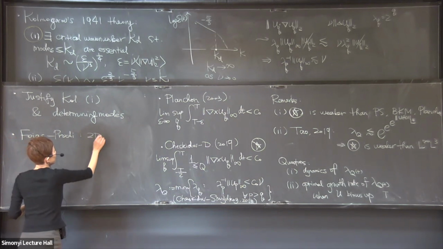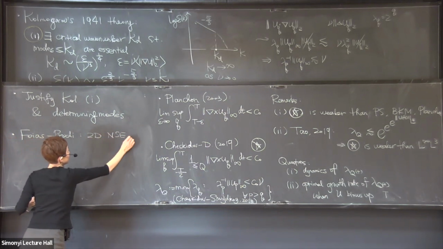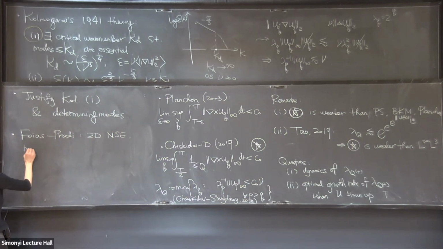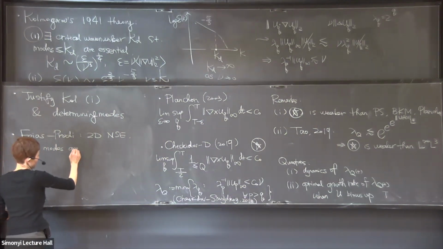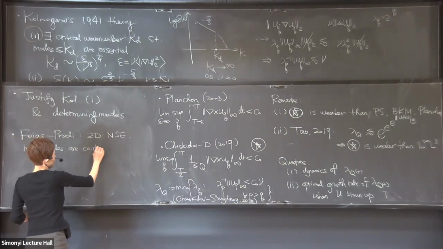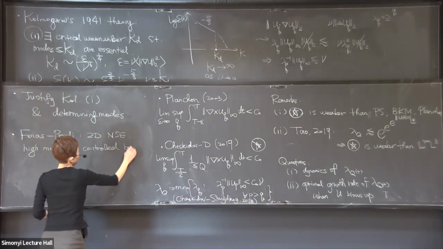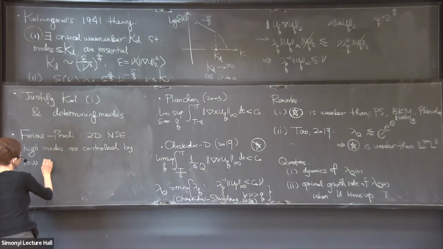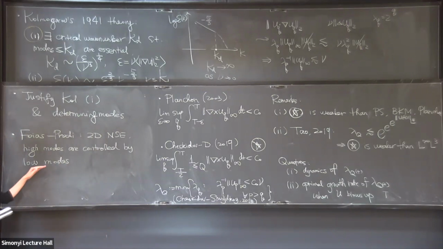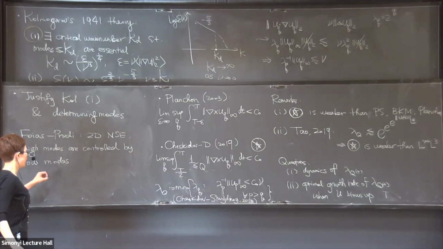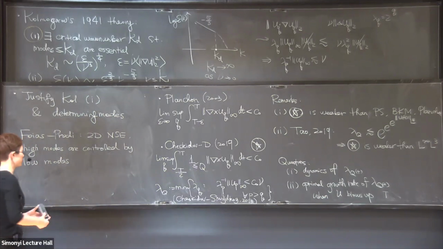They studied 2D flow, and they showed that high modes asymptotically control low modes, meaning that if there are two trajectories on the attractor and they coincide below some modes, then they are identical on the global attractor.